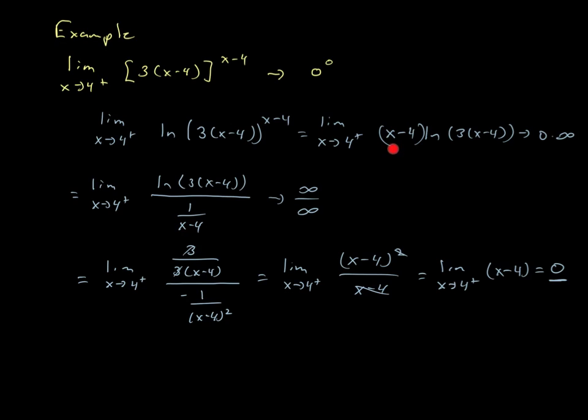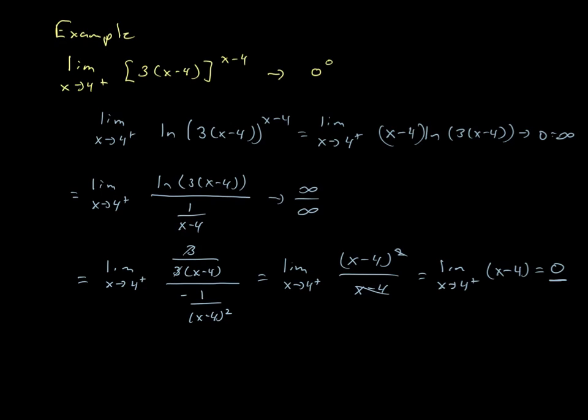Now you'll notice when I plug in 4 there, that's going to give me 0. I'm using 4 from the right because of the natural log, because I have to have a positive inside. And this will end up being 0 inside. And the natural log, as we're approaching 0, goes towards negative infinity. So I can rewrite that. Remember how we wanted to rewrite that.